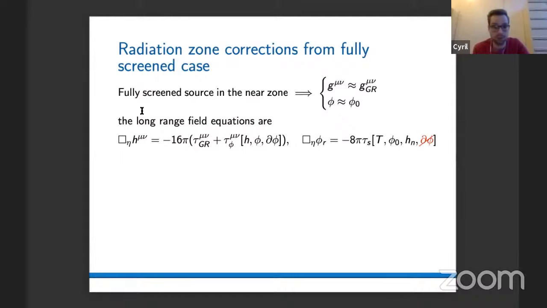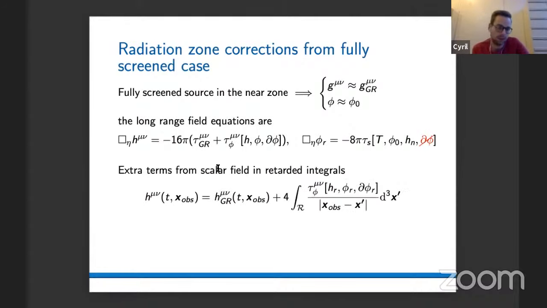So what we want to do now is to solve the wave equation in the radiation zone. For that, we need the scalar field in the radiation zone. And since the scalar field is itself sourced by matter, we don't need a contribution of the scalar field in the near zone, because the radiation zone scalar field is sourced by matter and the gravitational field in the near zone. So we can just take the retarded integral of this to find the scalar field in the radiation zone.